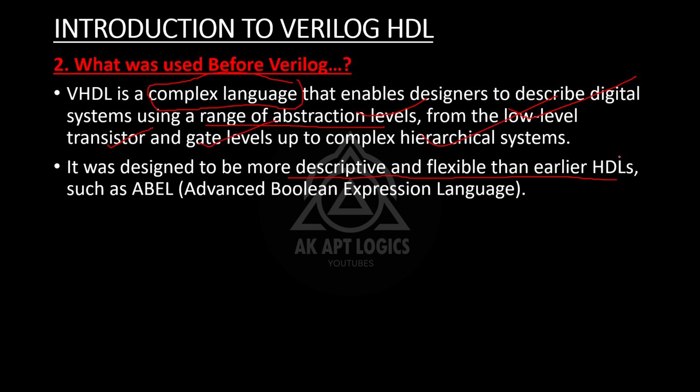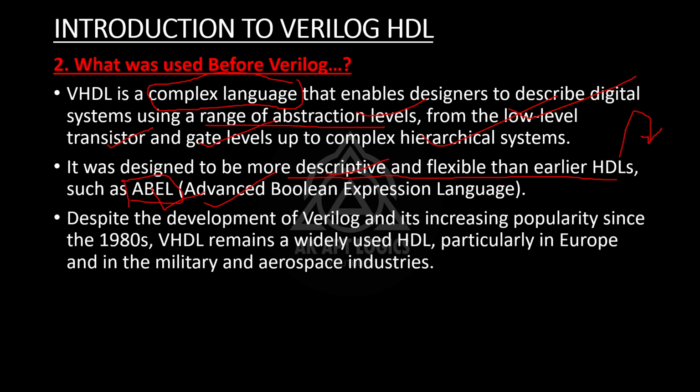Before VHDL we also had some hardware description languages, such as the Advanced Boolean Expression Language, ABEL. Compared to ABEL, VHDL is more descriptive and flexible. Despite the development of Verilog and its increased popularity since the 1980s, VHDL remains a widely used HDL.